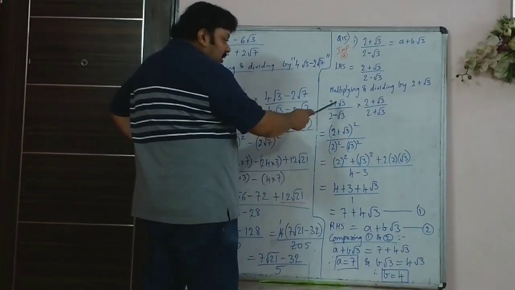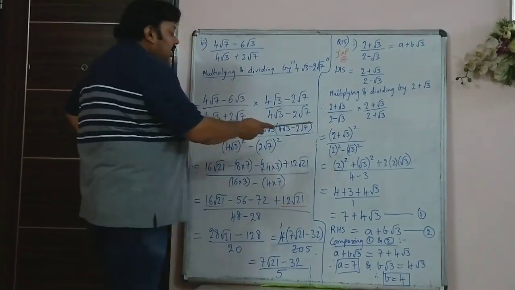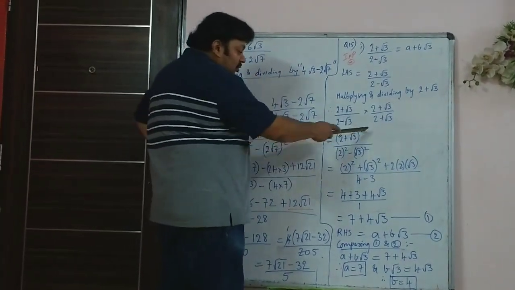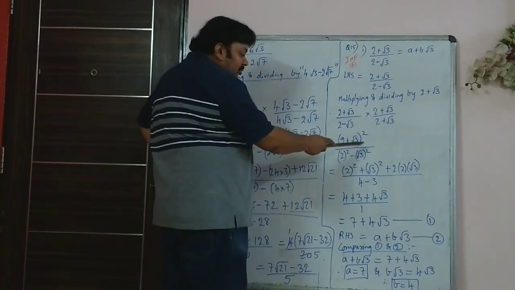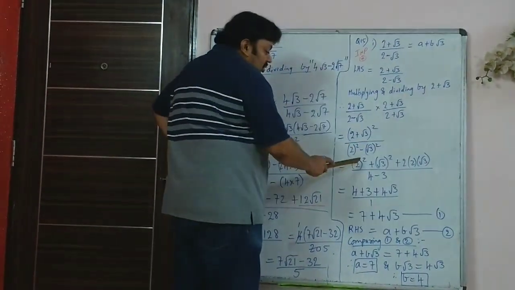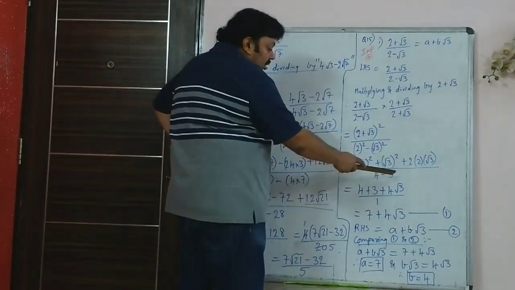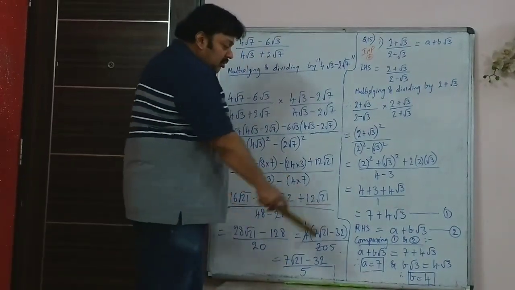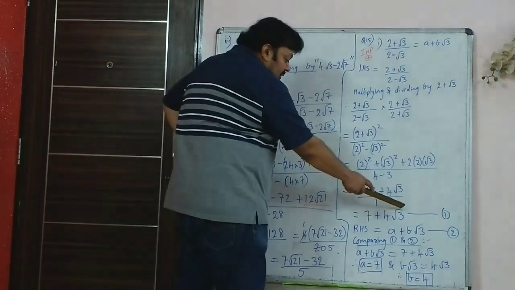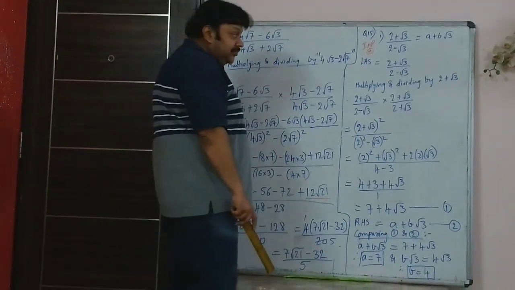So numerator, instead of doing it this way, I can directly take 2 plus root 3 the whole squared, which is a squared, that is 2 squared, plus b squared, plus 2 times a into b. So this becomes 4 plus 3 and this becomes 4 root 3, denominator is 1. So 4 plus 3 I can add and write it as 7. 7 plus 4 root 3 upon 1, the denominator I can ignore because it is 1.